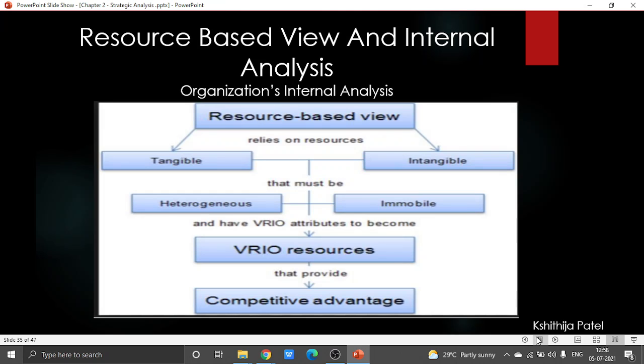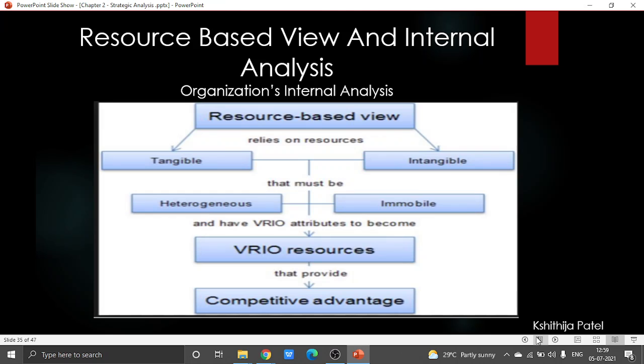Now speaking about this organizational internal analysis or the internal environment of a business organization, in particular the resource based view, it is also called RBV analysis. So what do we do under this resource based view or internal analysis?